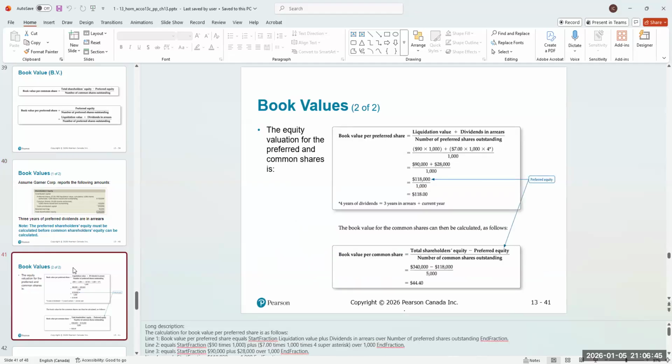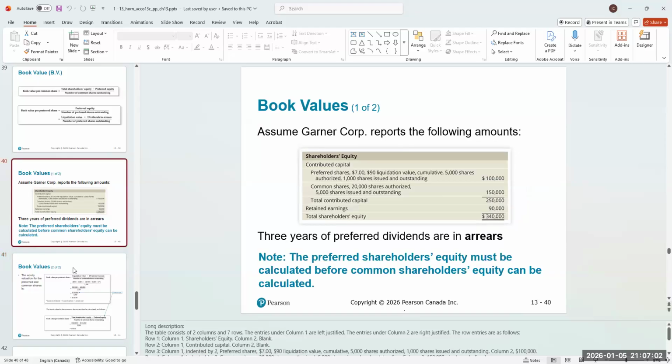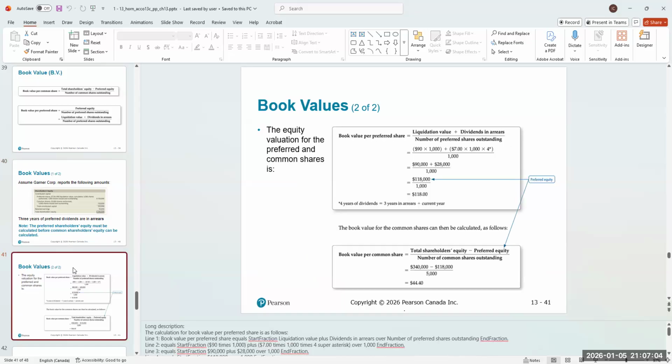So let's do the calculation. Again, first we start with the preferred equity, the book value of the preferred shares. We have the liquidation value, which was $90 per share. We have 1,000 shares outstanding. So that's going to give you 90,000. Plus, those 1,000 shares are entitled to $7 per share. They've been 3 years in arrears.